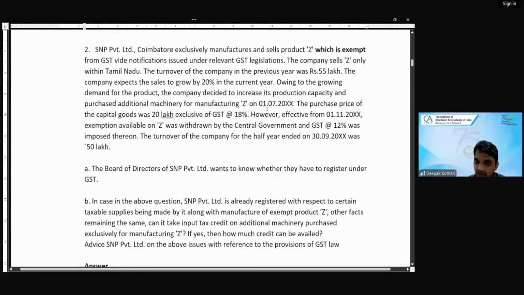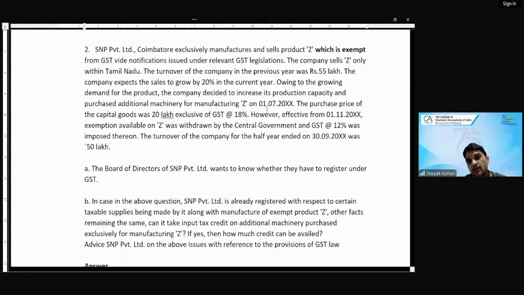So when exempted goods become taxable, how many quarters have you utilized it? It's purchased on 1st July. July, August, September, one quarter will get over, and October, November, December will be the second quarter. So for 2 quarters, he cannot claim the credit. On 20 lakhs at 18%, that is the credit which cannot be utilized instantly. But since it becomes taxable, on 20 lakhs at 18%, for 2 quarters, you have to reduce.